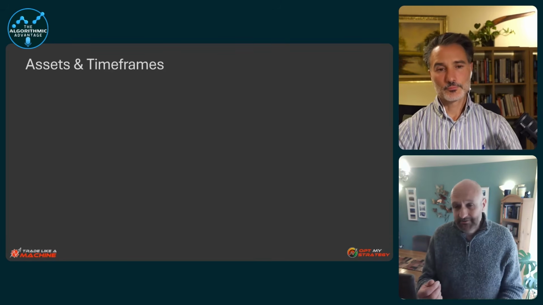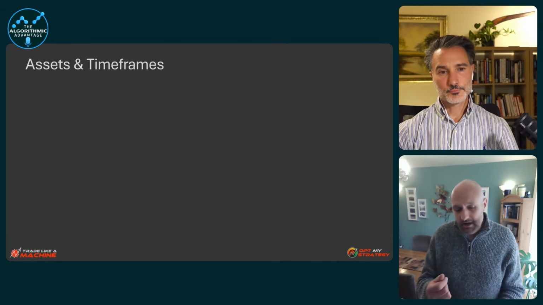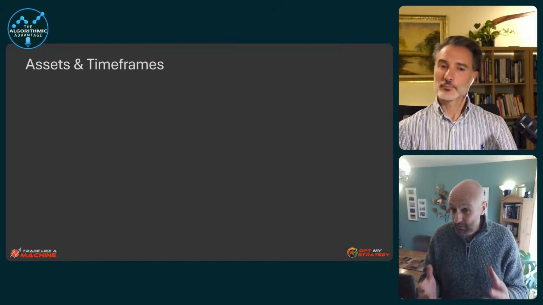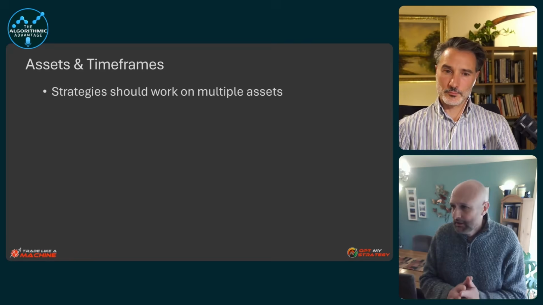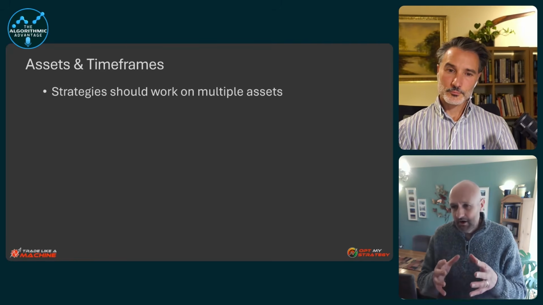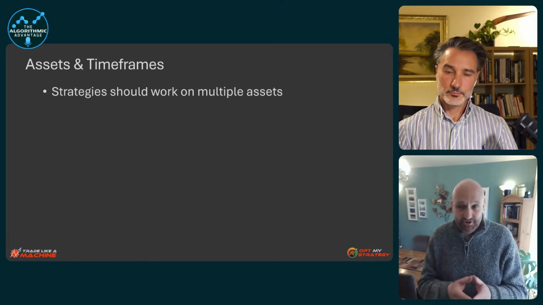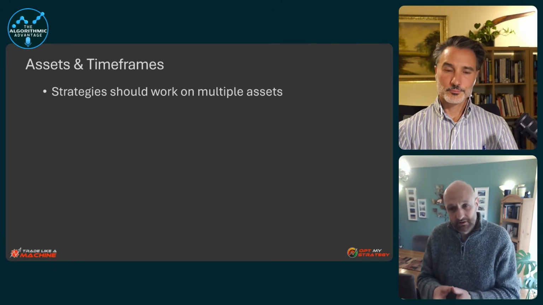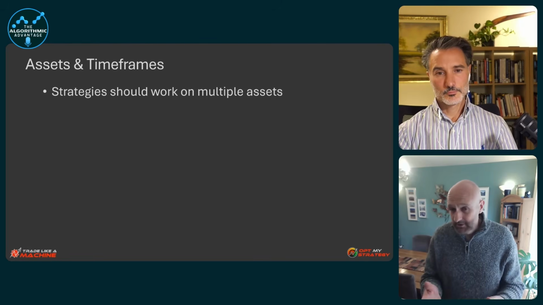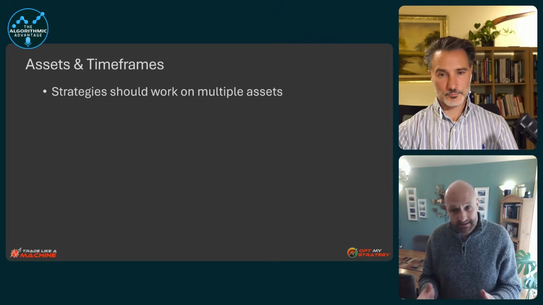But also, I found it really beneficial to look at multiple time frames as well. So my view is that on the whole, strategies, if they have a genuine edge, they should work on multiple assets, and maybe within an asset group, but also potentially even across different asset groups.